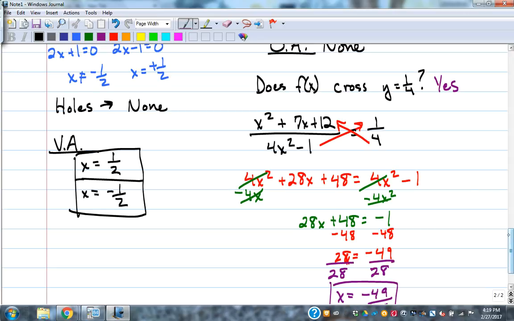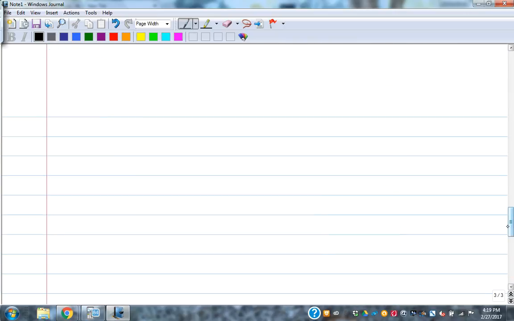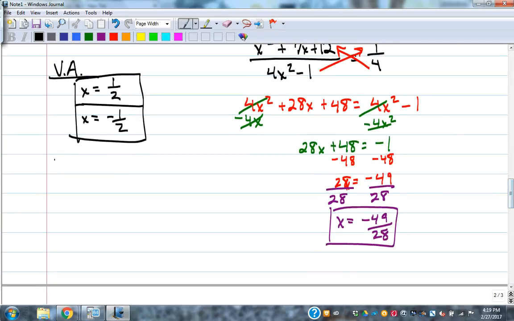All right? So that took care of everything with our asymptotes. The last thing on the list is intercepts. So let's get the intercepts. I'm going to do x and y's. To get the x-intercepts, we're going to set the entire problem equal to 0. So I've got x squared plus 7x plus 12 over 4x squared minus 1 equals 0.